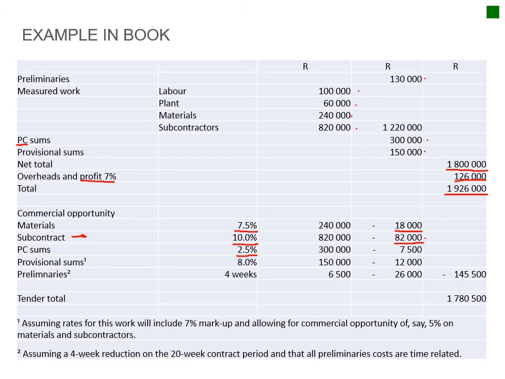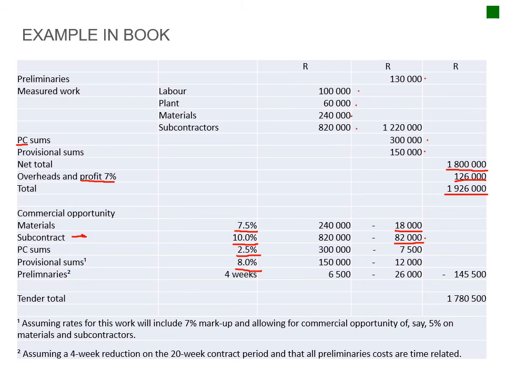Your prime cost items, you anticipate that you might have a 2.5% saving there, and your provisional sums, your markup on those items might also be lower. So you think, okay, I might give a discount of about 8% on that.